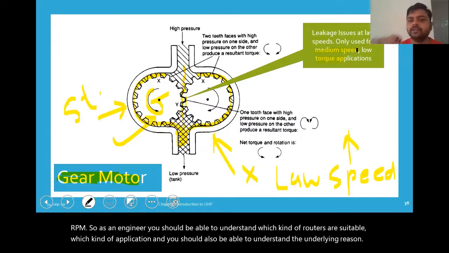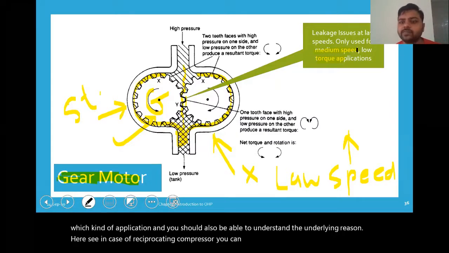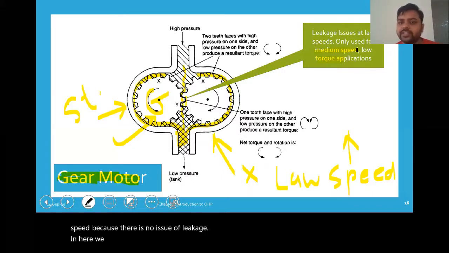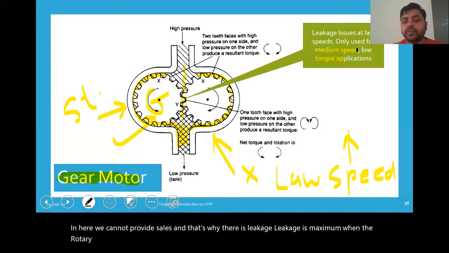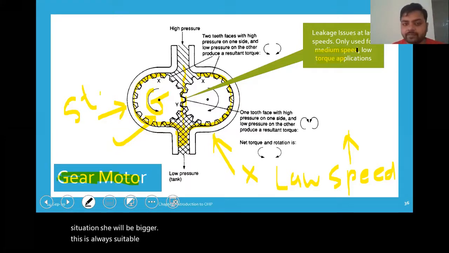In case of a reciprocating compressor, you can run it at slow speed or high speed, because there is no issue of leakage. Here we cannot provide seals, and that's why there is leakage. Leakage is maximum when the rotor is stalled, stalled meaning stopped, or when it is running at very low rpm. In that situation, the issue will be bigger. This is always suitable for high speed applications.